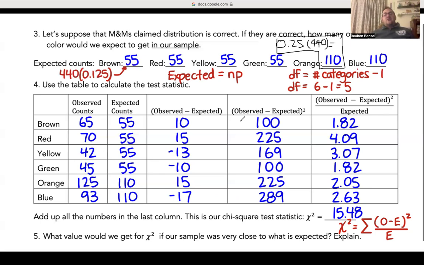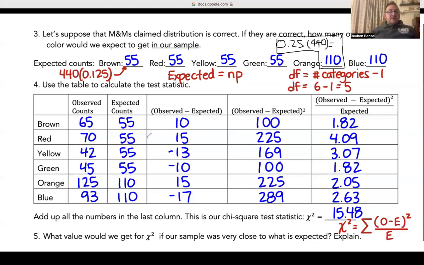We like to square it because, just like in the standard deviation, when we square, we want them to be positive. And then we divide by the expected as well, just so we can see that if you're 10 off on, let's say, a brown, that is a lot more of a deviance from expected than being 10 off from, let's say, an orange.